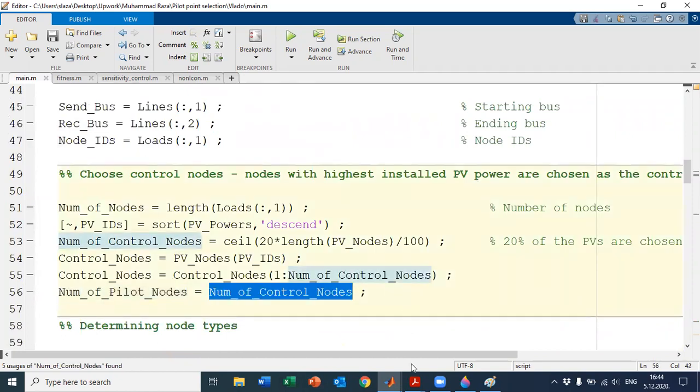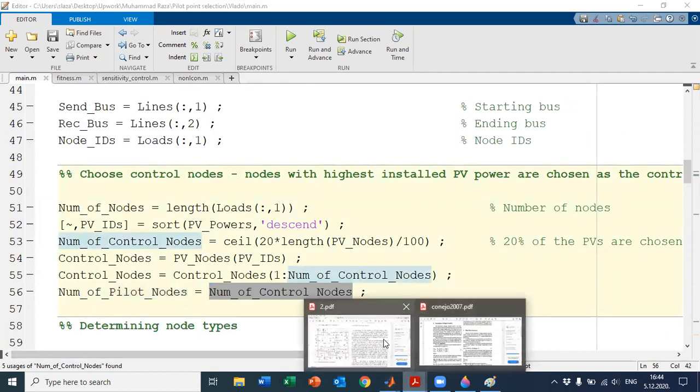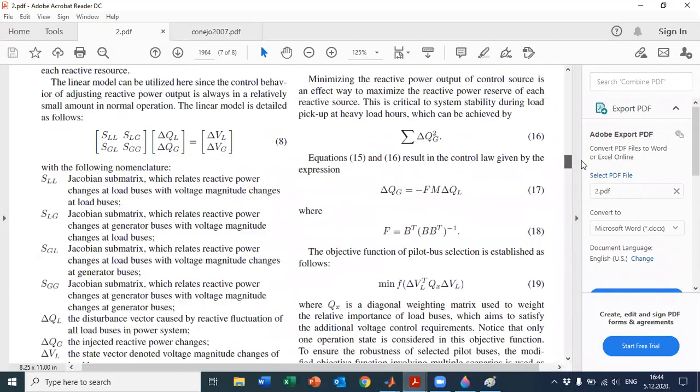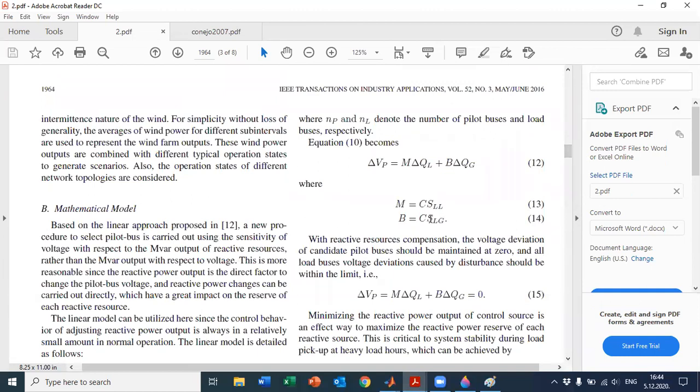This is a condition which has to be met because of this matrix here, let me just show you. The matrix B here has to be the size of pilot nodes times pilot nodes.